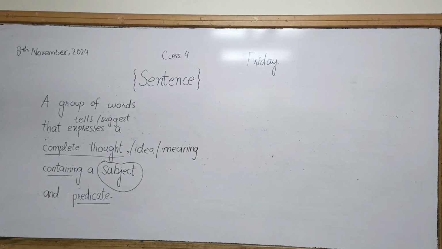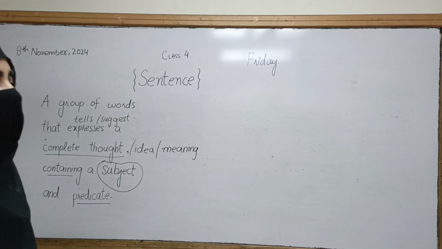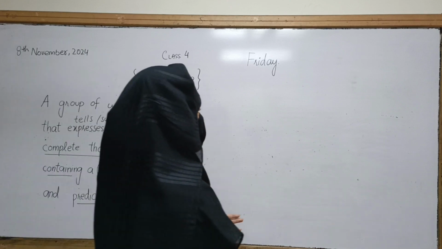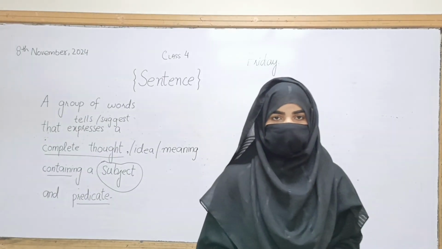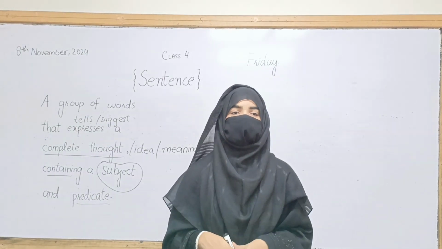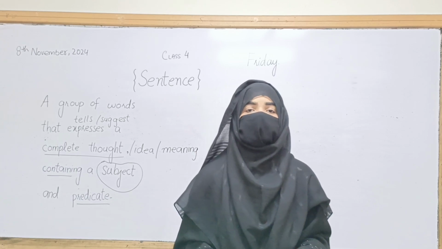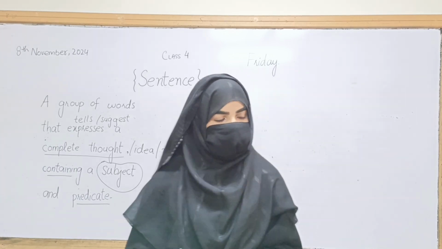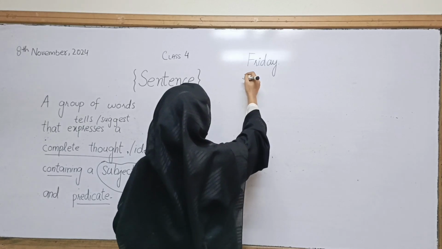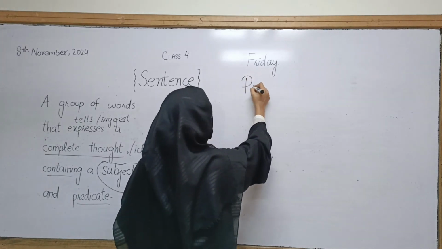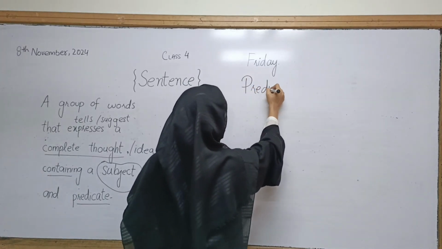The predicate basically tells you what the subject is doing or what is happening to the subject. If something is done by the subject or something is happening to the subject, the predicate will tell you each and every detail of that. So what a predicate is, we will be writing predicate here.